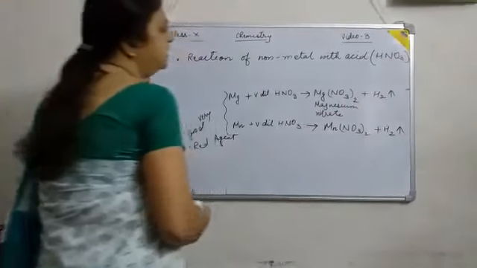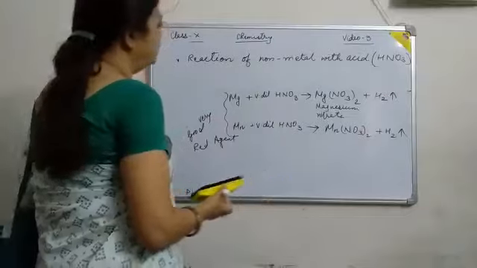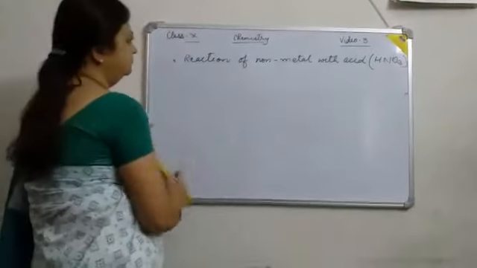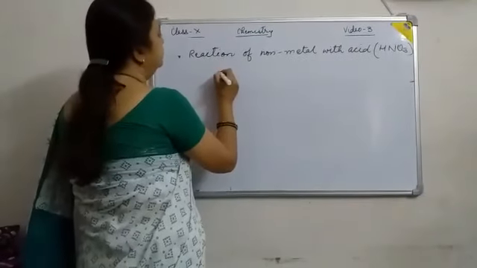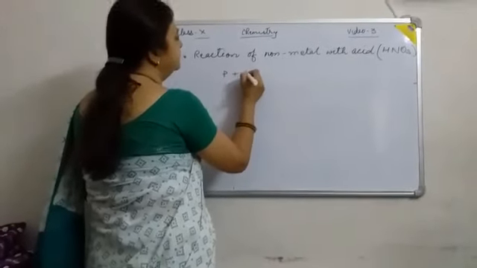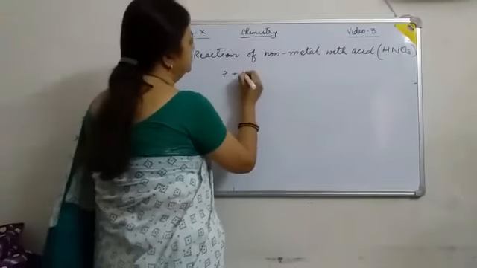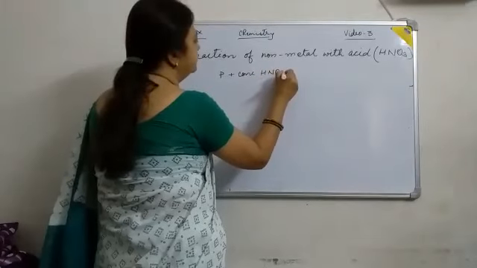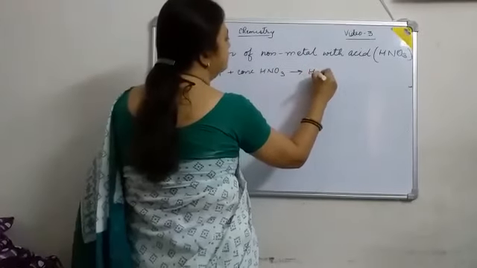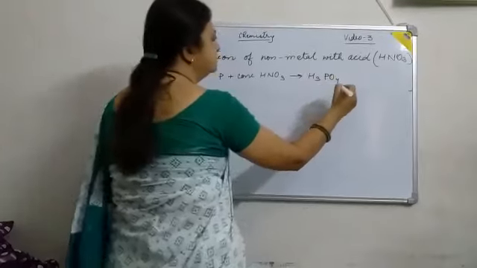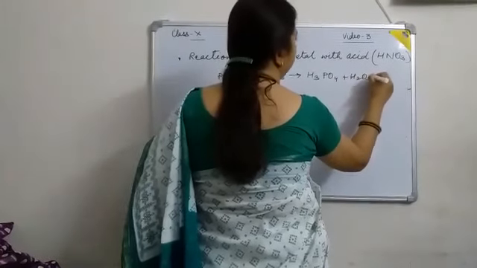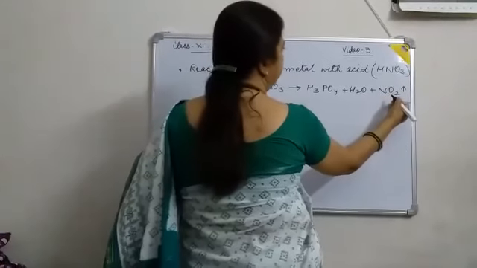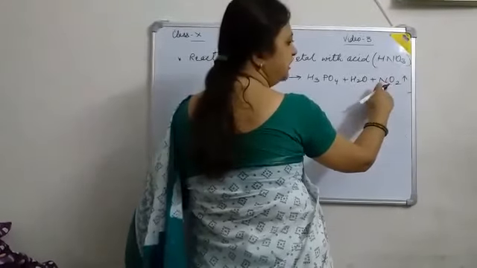Some non-metals react with nitric acid to form corresponding acids, like when phosphorus reacts with concentrated nitric acid. It forms phosphoric acid, water along with liberation of a brown fume, nitrogen dioxide. The color of the nitrogen dioxide is brown.